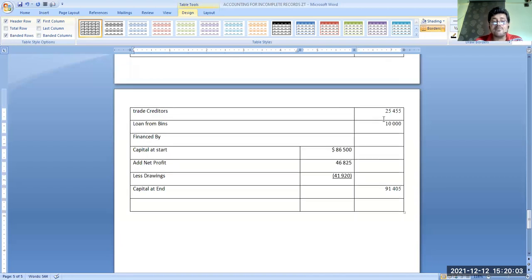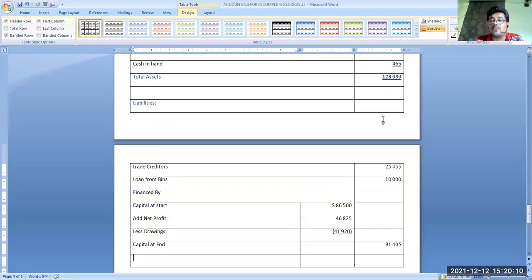Now see, if we add liabilities and capital at end, it should be equal to 128,030.